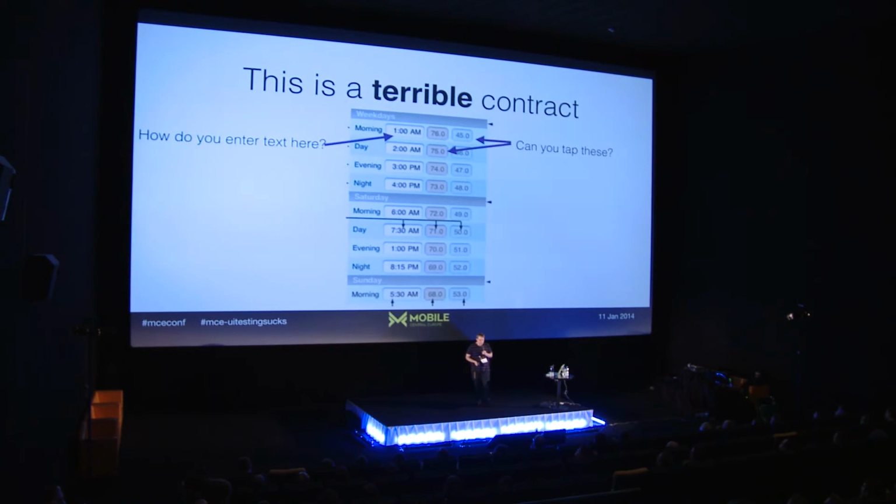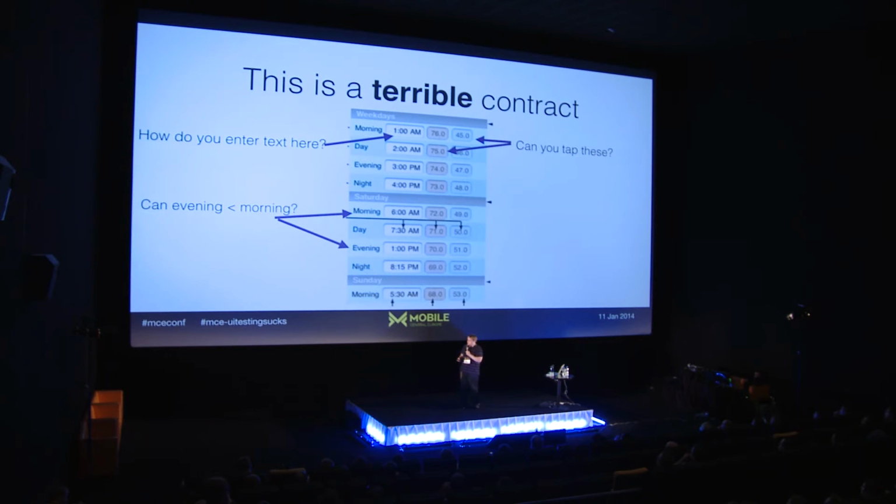So another good question is how do you enter text here, right? We covered this with the how many people are in your car problem. There are a lot of options, right? A keyboard could come up, a date view could come up. There's a whole lot of possibilities, and your testing framework is going to be unprepared for the kind of data that you want to enter there. Another good question is, can evening happen before morning, right?